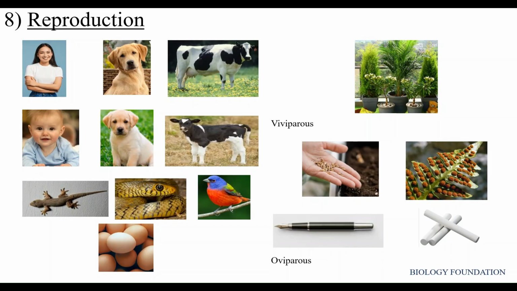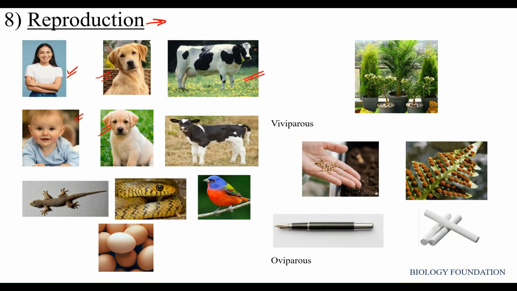Now the third difference between living and non-living organisms is that living organisms show the process of reproduction. What is reproduction? The process of producing younger ones of their own kind. Human beings give rise to babies. Dogs give rise to puppies.